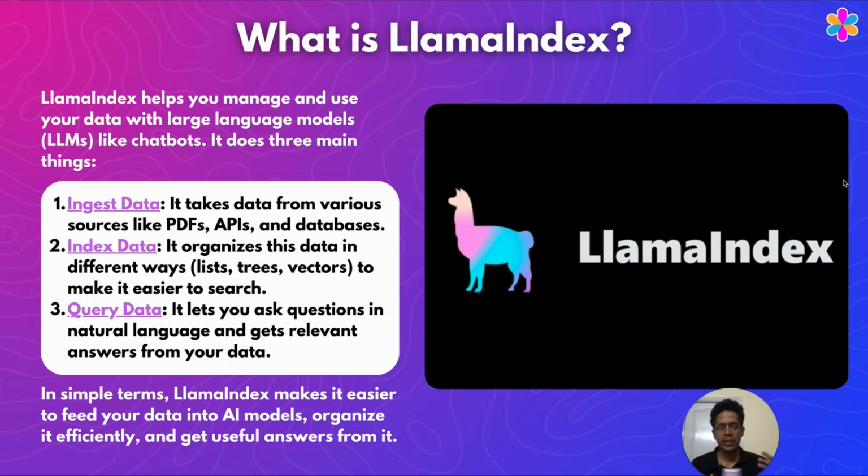So it has a very nice way of organizing or querying or indexing data. And you must have already probably heard of llamaindex, but not very sure what exactly it is. I'll also quickly show the llamaindex website and where to get the llamaindex API from.